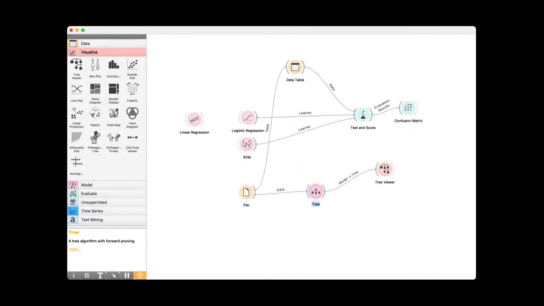Basically, if you would like to draw your tree, you need data, you need an algorithm, and you need to draw a tree. It has nothing to do with the test, so you have to draw the tree like this. You have to connect the data to the tree and the tree to view, and you double click this one again, and you can see there's a pop-up window.